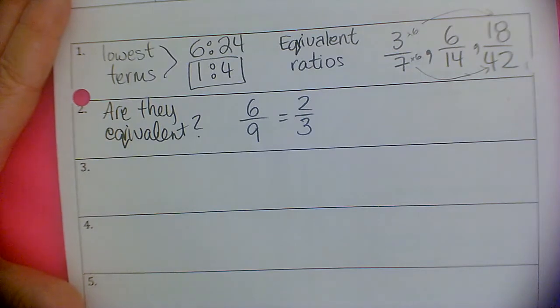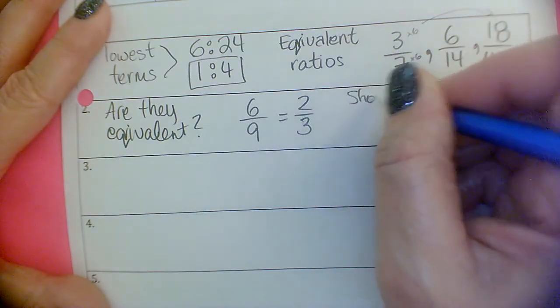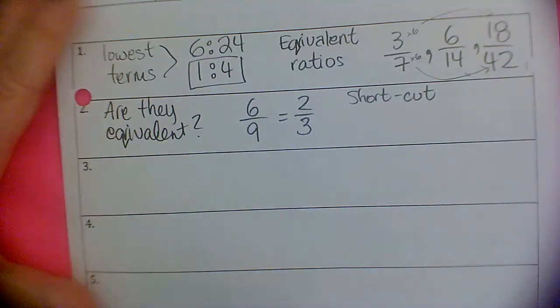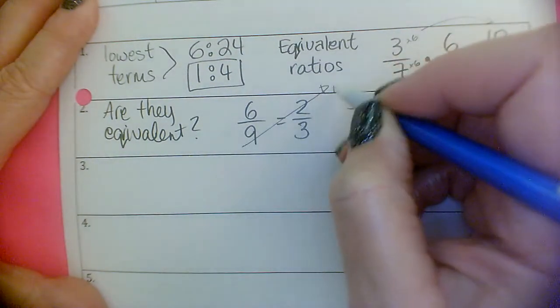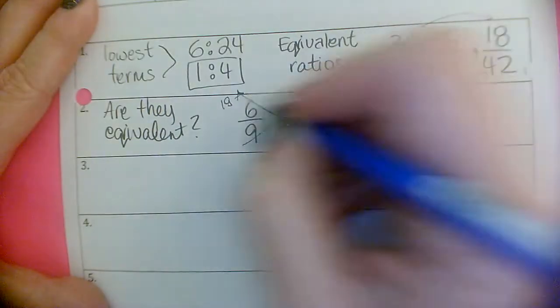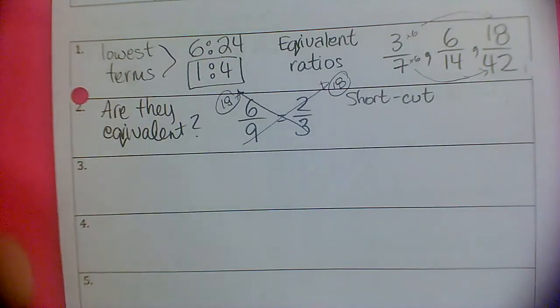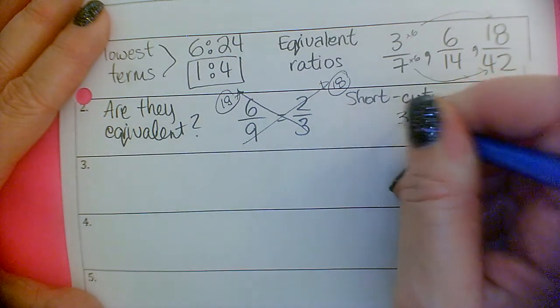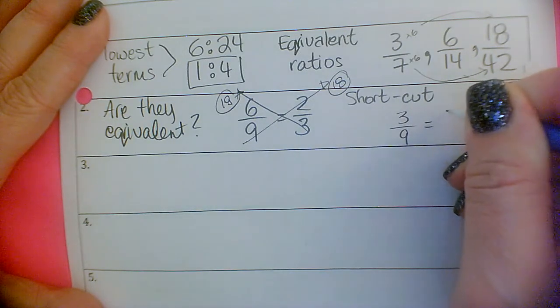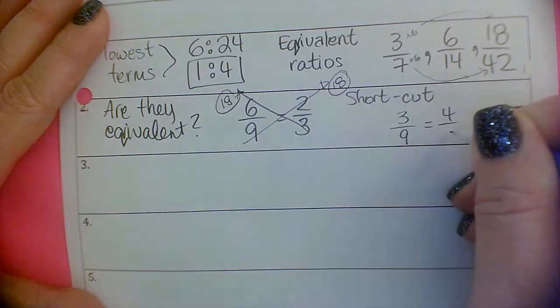Okay. Here's the shortcut. If you multiply the diagonals, and those two numbers come out to be exactly the same, they're equivalent. So let's say I had 3 out of 9 and 4 out of 9.